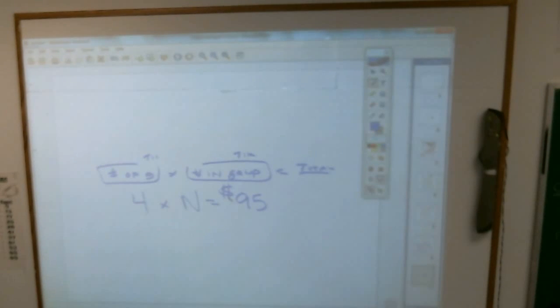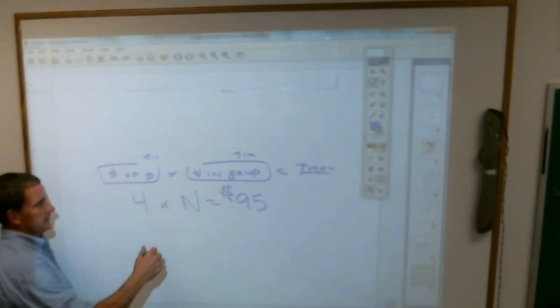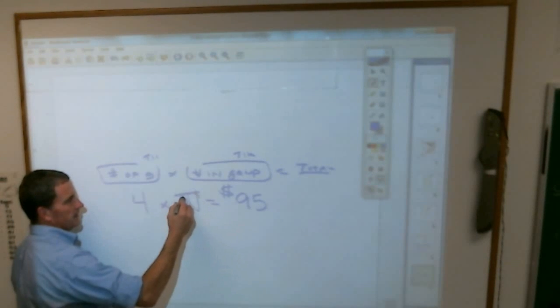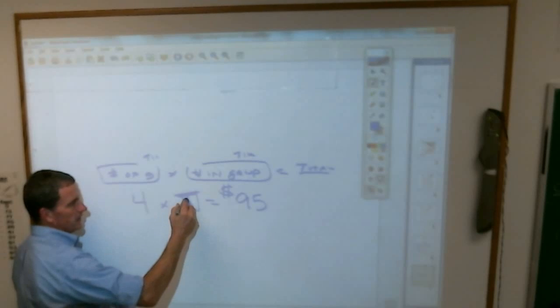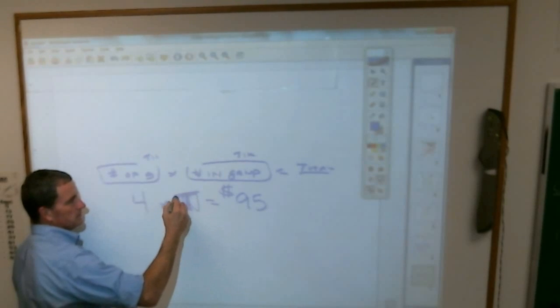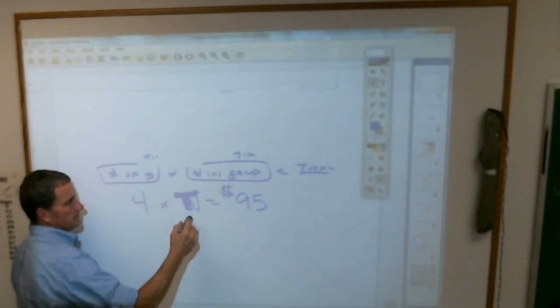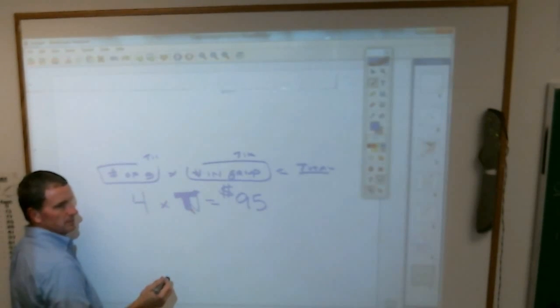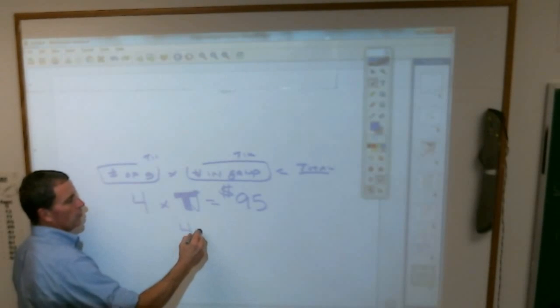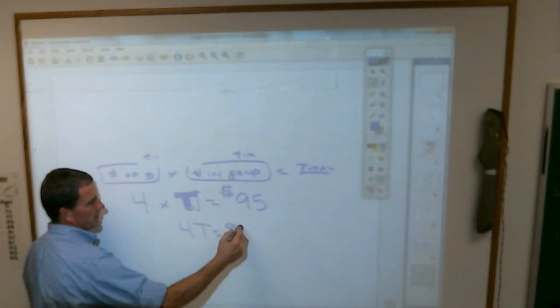Now, does that fit any of those equations? Actually, they didn't put the letter T here. Any of those A, B, C, or D fall into this category? Letter D, where it says 4t equals $95.